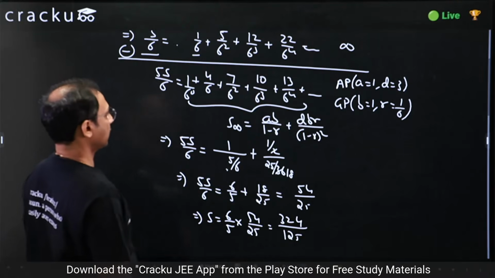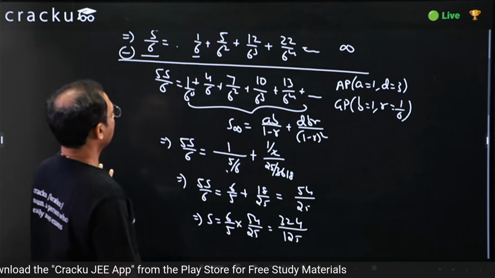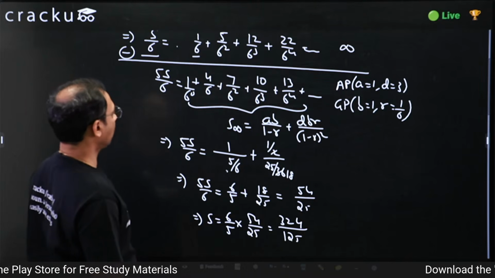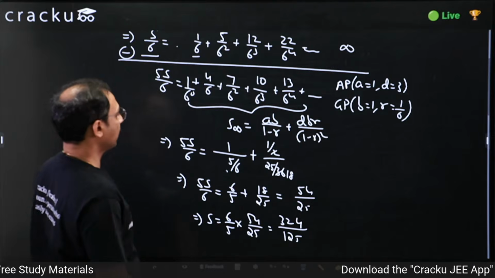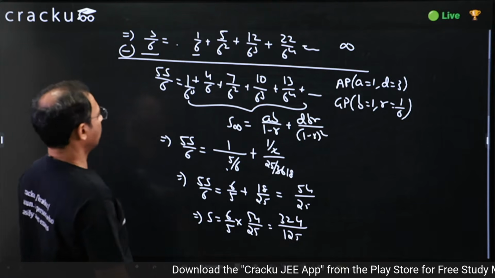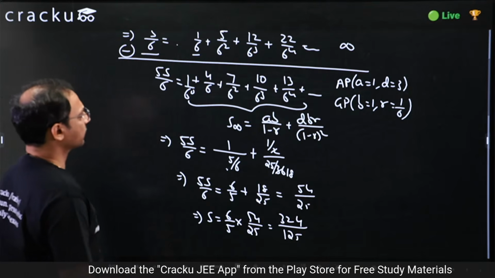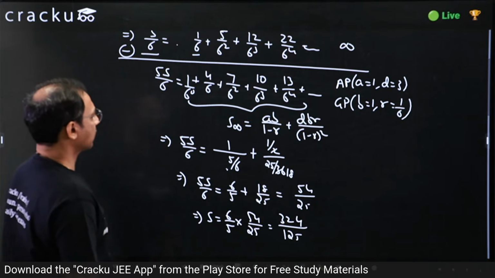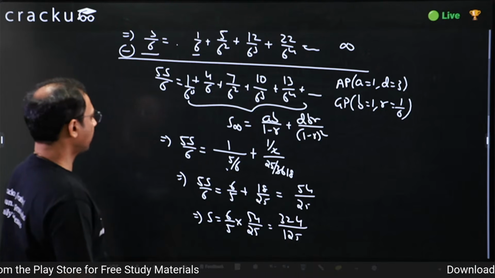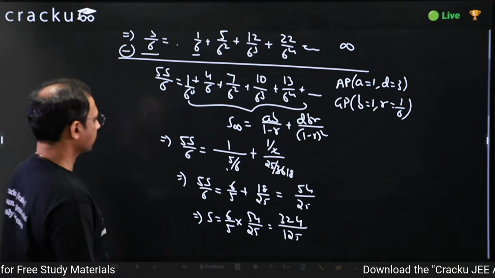What is the mistake? AB, common difference is 3. 1 by 6. Everything is correct. AB by 1 minus R is 1 by 1 minus 1 by 6, 5 by 6. DBR, that's also correct. Half by 5 by 6 whole square is 25 by 36, correct.